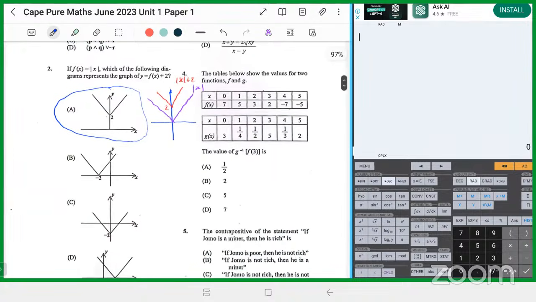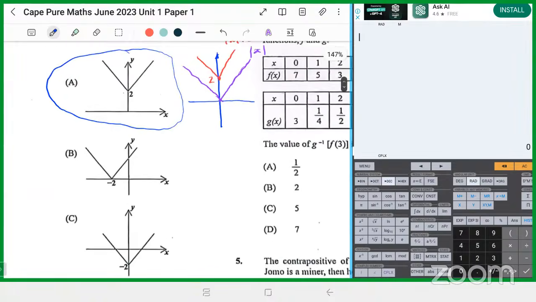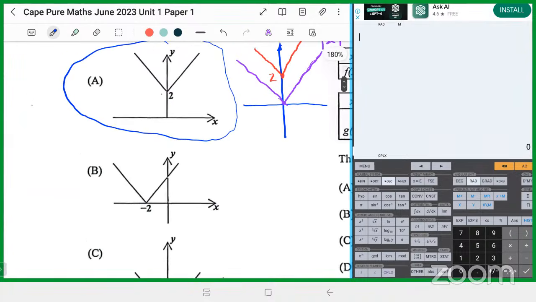All right, what would this one be? Because we're 2 units to the left, this one would actually be the modulus of x plus 2.